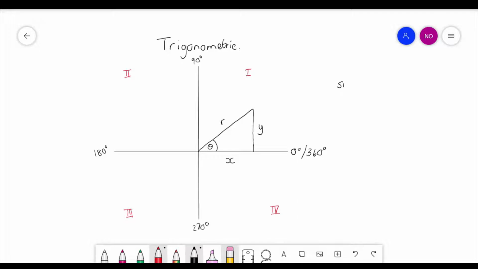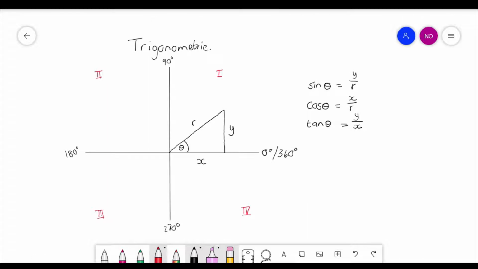So if I have sine of the angle theta, it'll be y over r. If I have cos of the angle theta, it'll be x over r. And if I have tan of the angle theta, it'll be y over x.